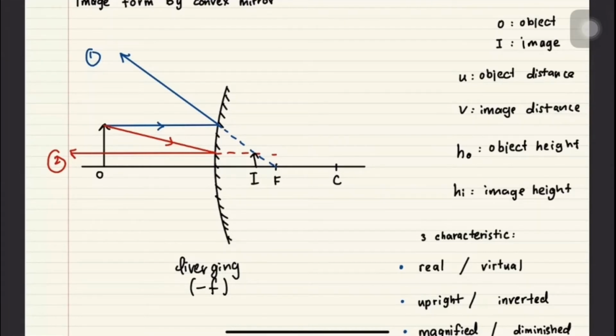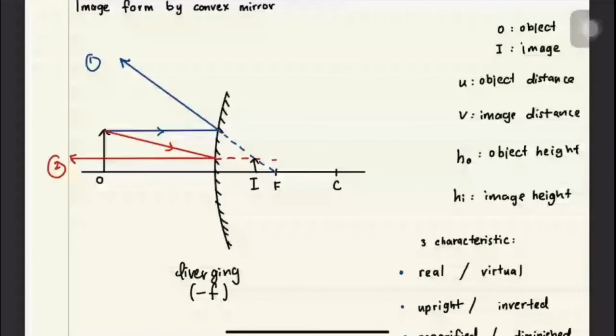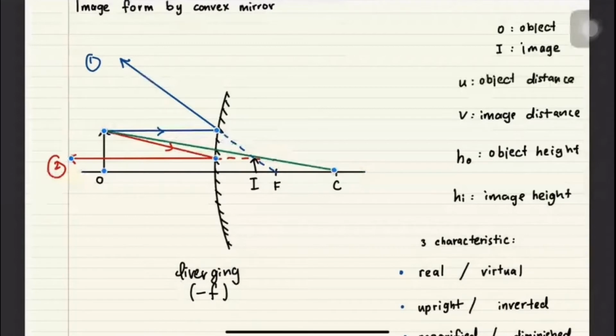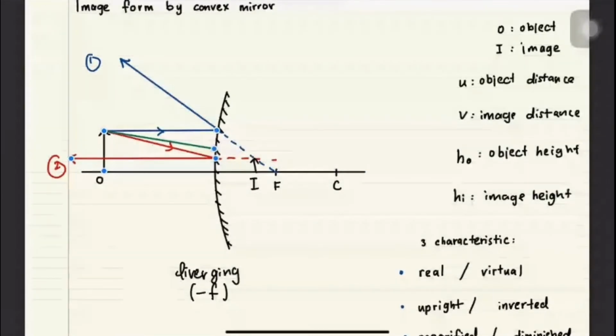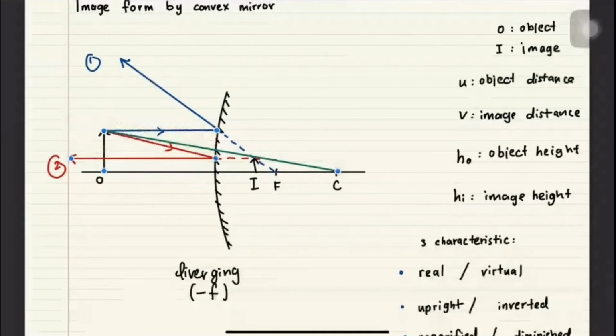Okay, the third ray, the one I drew as green. The third ray goes through C, towards C, and then is reflected off. So it goes to C like that, but then instead of going through, it bounces back. See? There you go. Okay, we have to erase everything first.